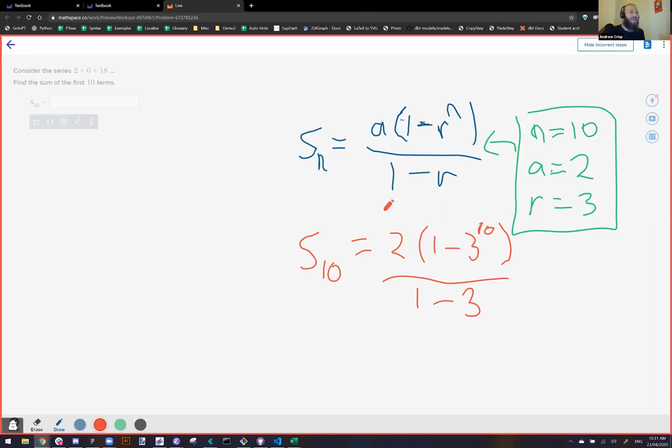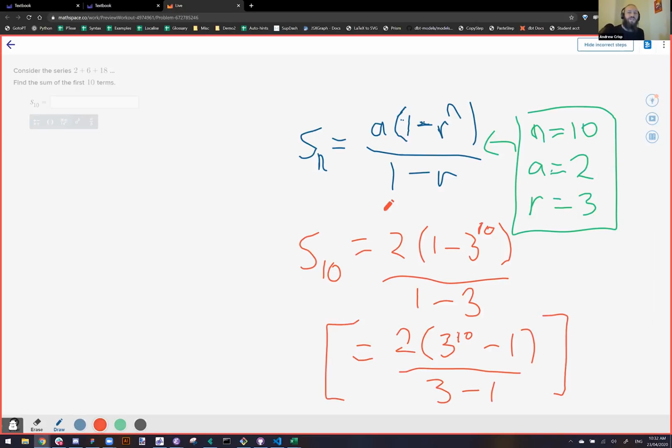And 1 minus 3 is also going to be negative. So I could write it differently by putting it as a different formulation. 2 times, if I multiply the top and bottom by minus 1, then I get 3 to the 10 minus 1 over 3 minus 1 instead. But this is entirely optional.